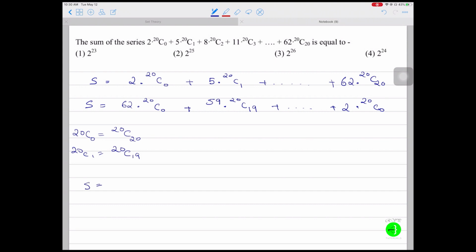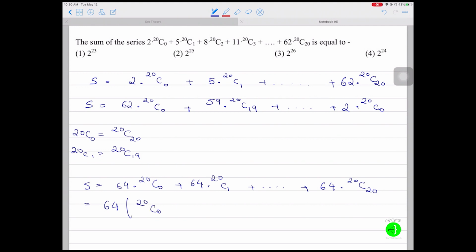So we know that the terms that are multiplied are the same. So here it becomes 64 times 20 choose 0 plus 64 times 20 choose 1, and so on. And here we have 64 times 20 choose 20.